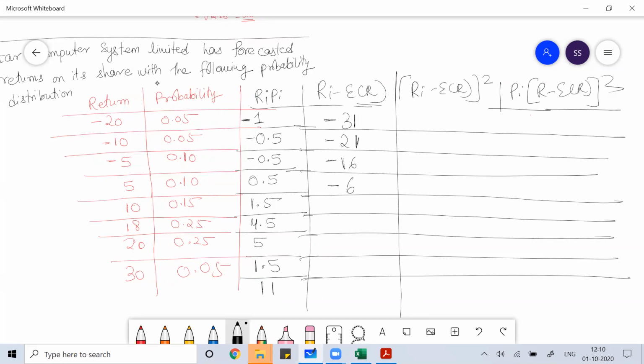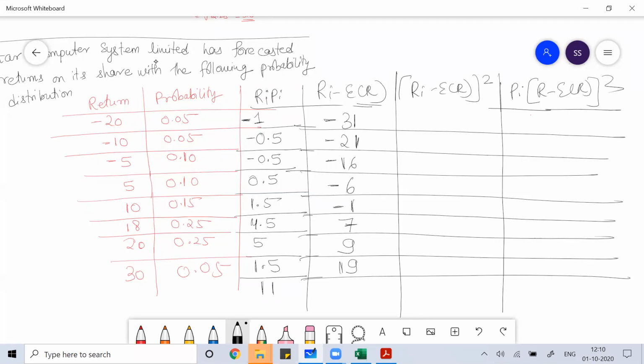Then 5 minus 11, you'll get minus 6. Then 10 minus 11, you'll get minus 1. Then 18 minus 11, you'll get 7. 20 minus 11, you will get 9, and 30 minus 11, you will get how much? 19.